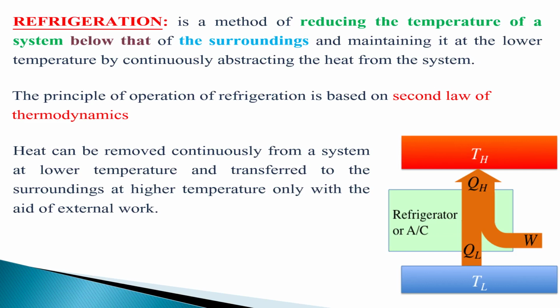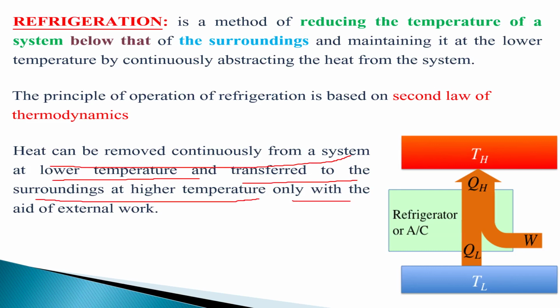So the refrigeration system works on the application of the second law of thermodynamics. Here the principle of operation is based on the second law of thermodynamics. Heat can be removed continuously from a system at a lower temperature and transferred to the surroundings at a higher temperature only with the aid of an external work.